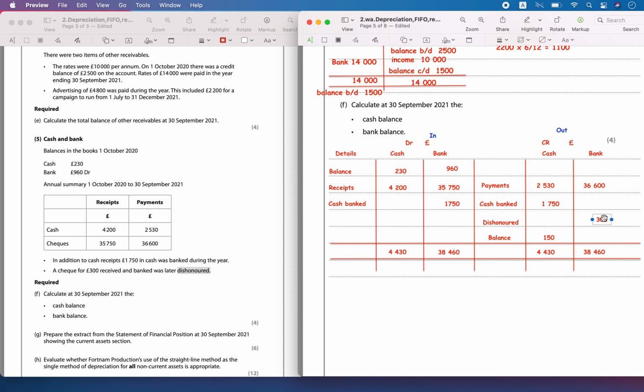Now let's calculate the balance for the bank side, it is 1,560. The balance will be the same on this side, so it will be 150 and 1,560.